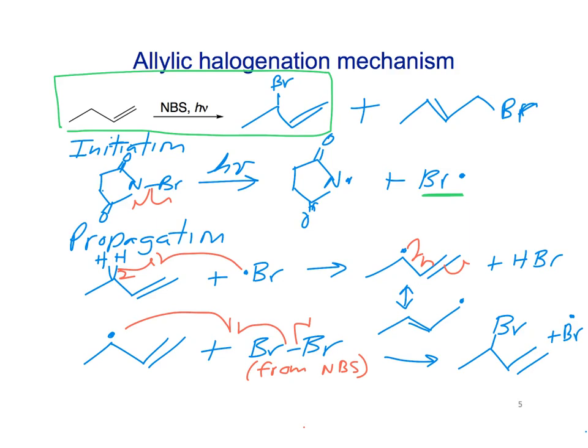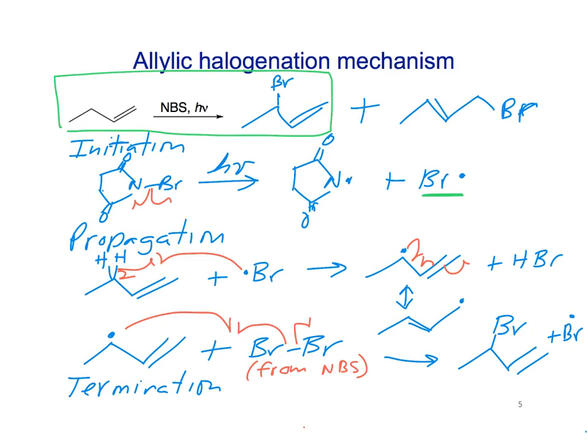So what's the last step here? The termination. We have a number of different things, and if this type of problem would show up on an exam, I'll say, show me at least maybe 2 possible termination steps.